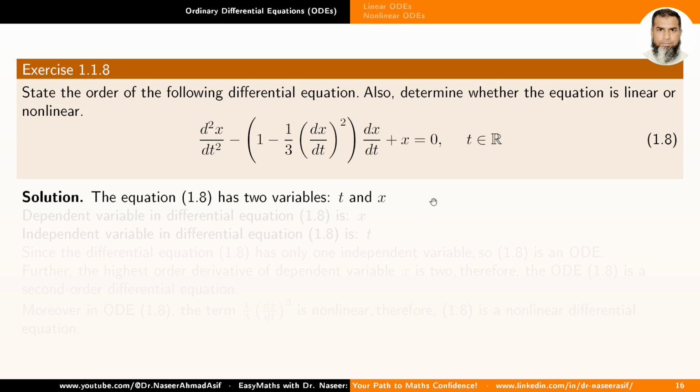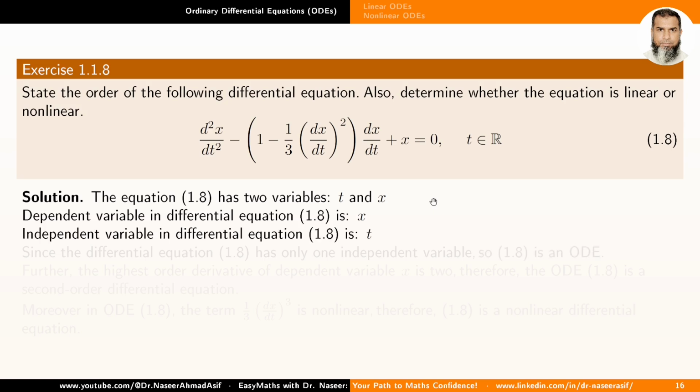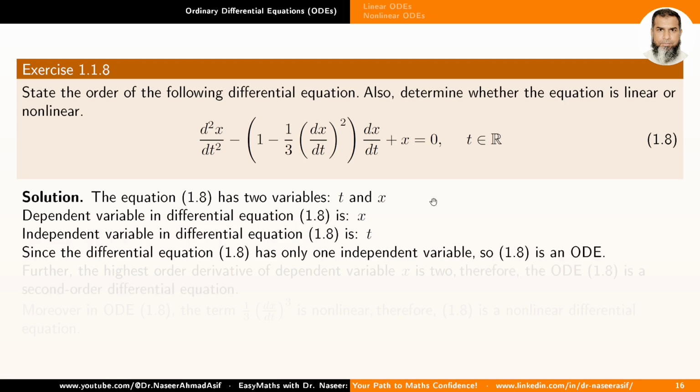The equation 1.8 has two variables t and x. Dependent variable in differential equation 1.8 is x. Independent variable in differential equation 1.8 is t. Since the differential equation 1.8 has only one independent variable, 1.8 is an ODE. Further, the highest order derivative of the dependent variable x is 2.